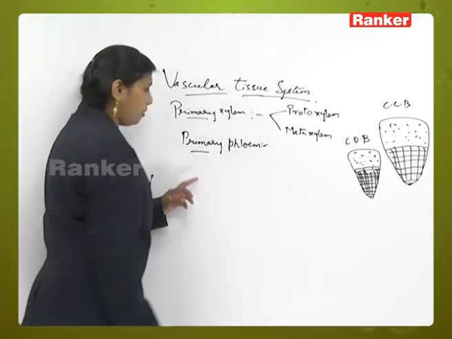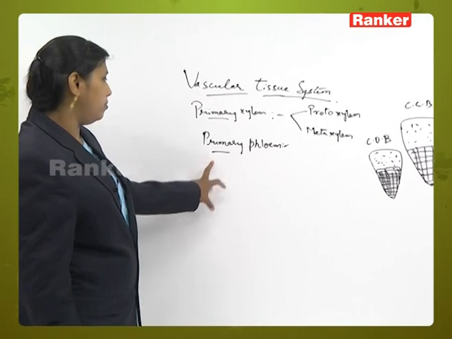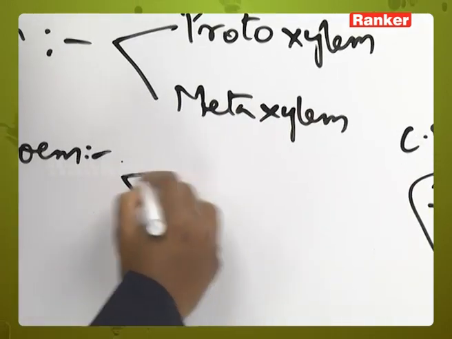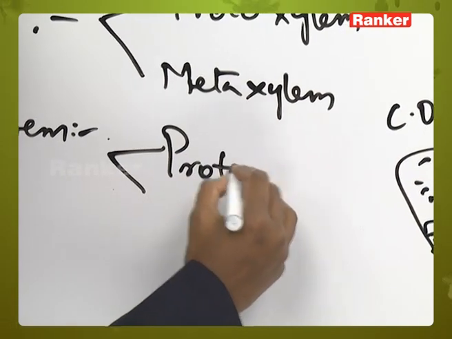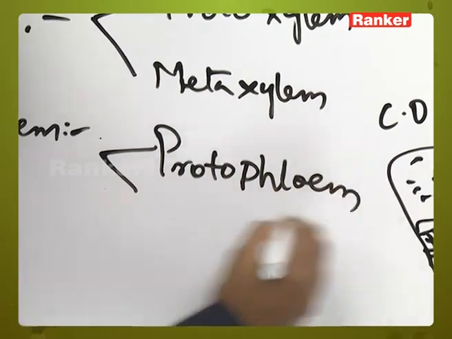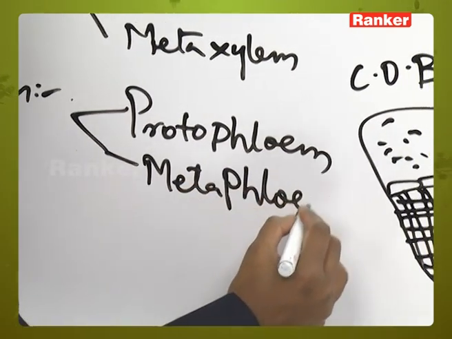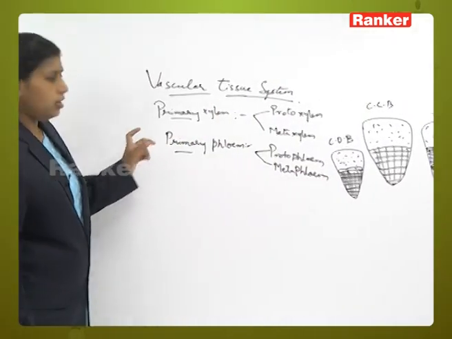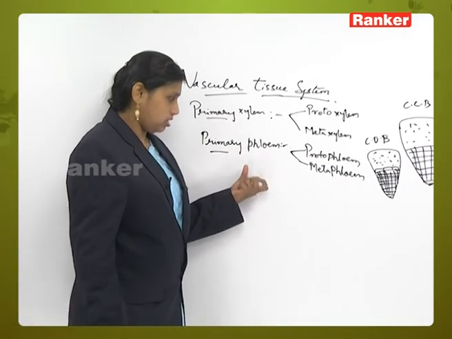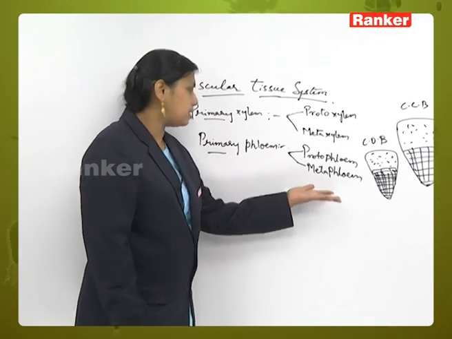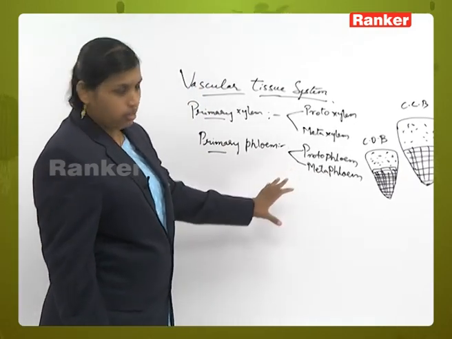In primary phloem, the first formed phloem elements are called protophloem, and another one is metaphloem. In detail we have studied in vascular complex tissues that the first formed phloem is called protophloem and the later formed is called metaphloem.